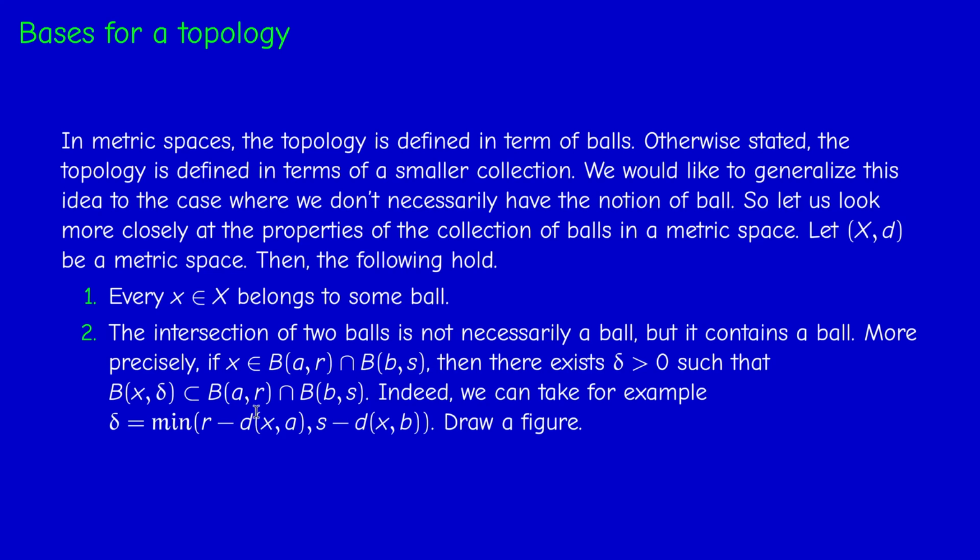How to choose delta is not difficult. Just take the minimum between R minus the distance between X and A, and S minus the distance between X and B. But it's better to see it on the figure, of course. And we did a lot of such things in second year.